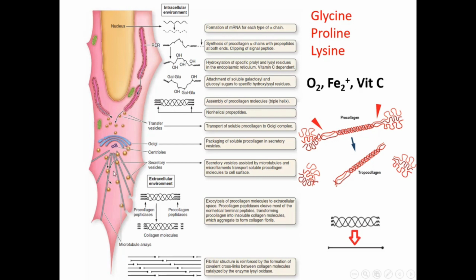Then the cell secretes these procollagen molecules outside of the cell, and immediately the enzyme procollagen peptidase removes the two terminals, called the globular domains, because the terminal domains don't make a triple helix and they have globular structures.